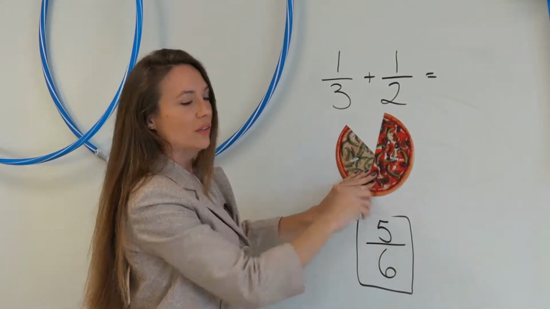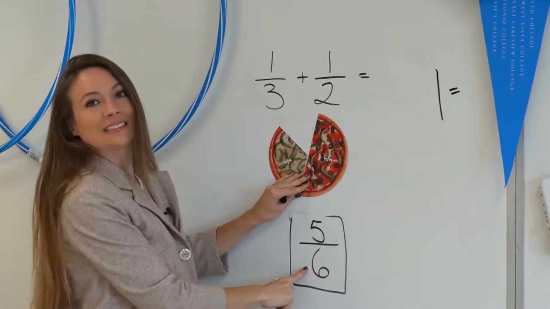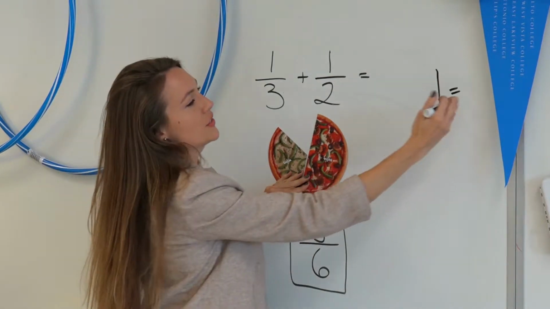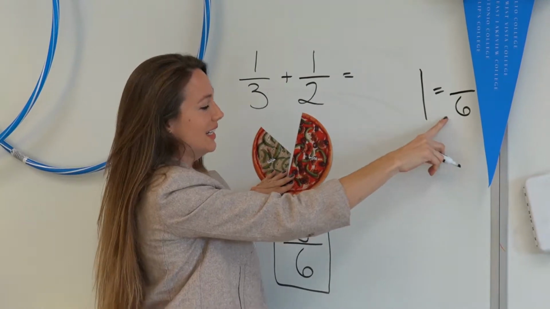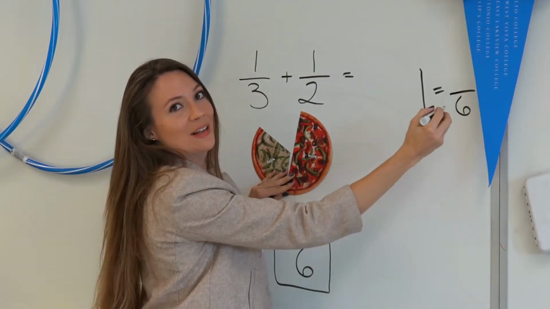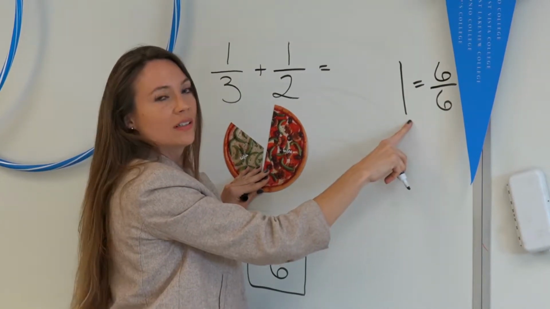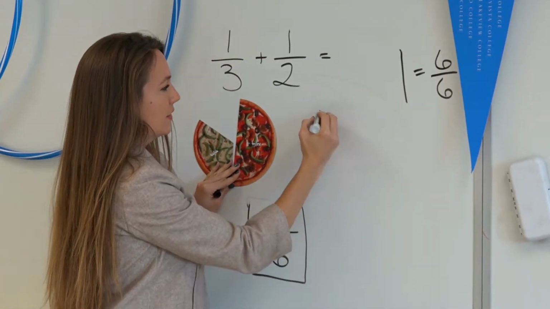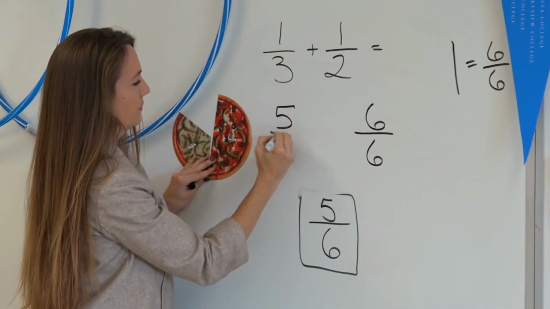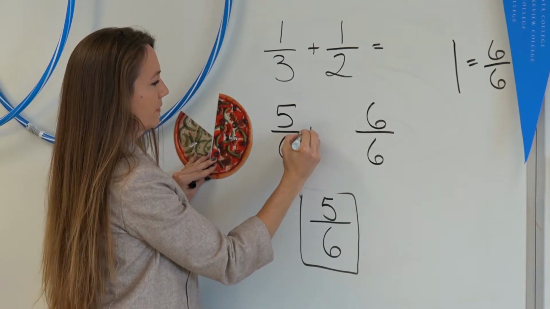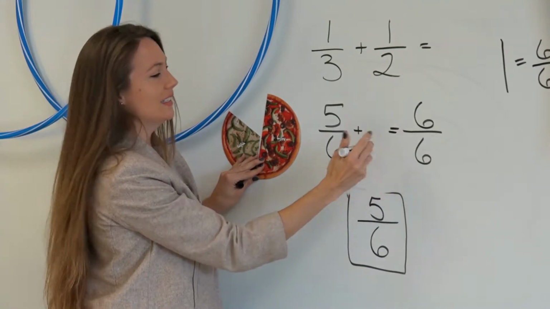So help me make a whole. Let's find common denominators. So if I want to make a whole and represent it with a 6 in the denominator, we know that any number over itself is a whole. 5/6 plus what gives us a whole pizza?